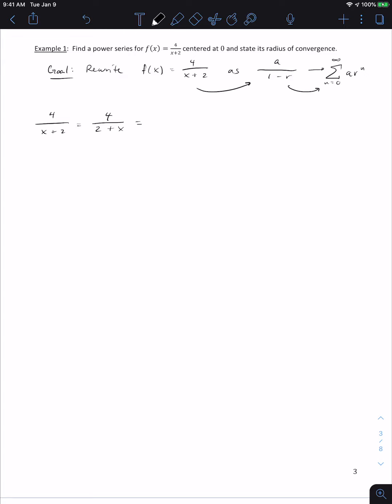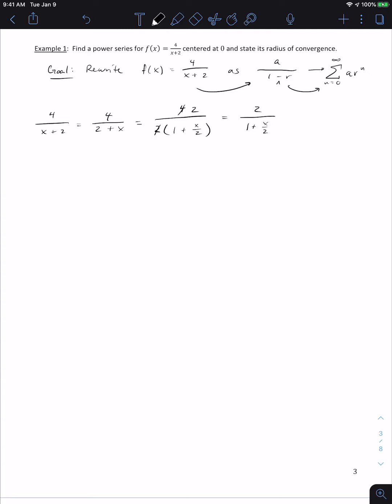Why am I doing this? To get rid of that 2 there, because I need it to be a 1. So I factor out a 2 of the denominator, I'm left with 1 plus, and if I factored out a 2 from x, I need to multiply it by x over 2 to get x back. Now this 2 cancels out with this 4, I'm left with a 2 in the numerator, so I get 2 over 1 plus x over 2.